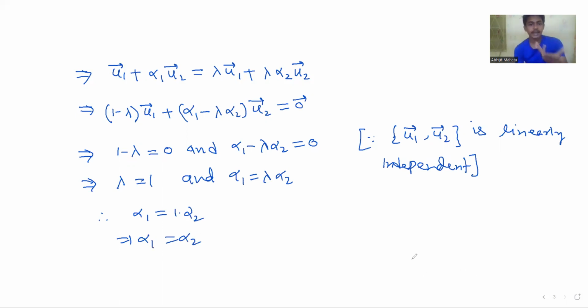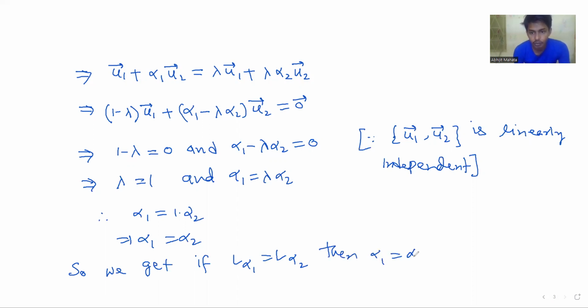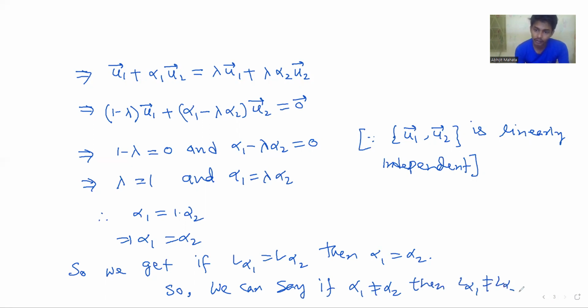This analysis tells us that if L alpha 1 equals L alpha 2, then alpha 1 equals alpha 2. So we can say that if alpha 1 is not equal to alpha 2, then L alpha 1 is not equal to L alpha 2.